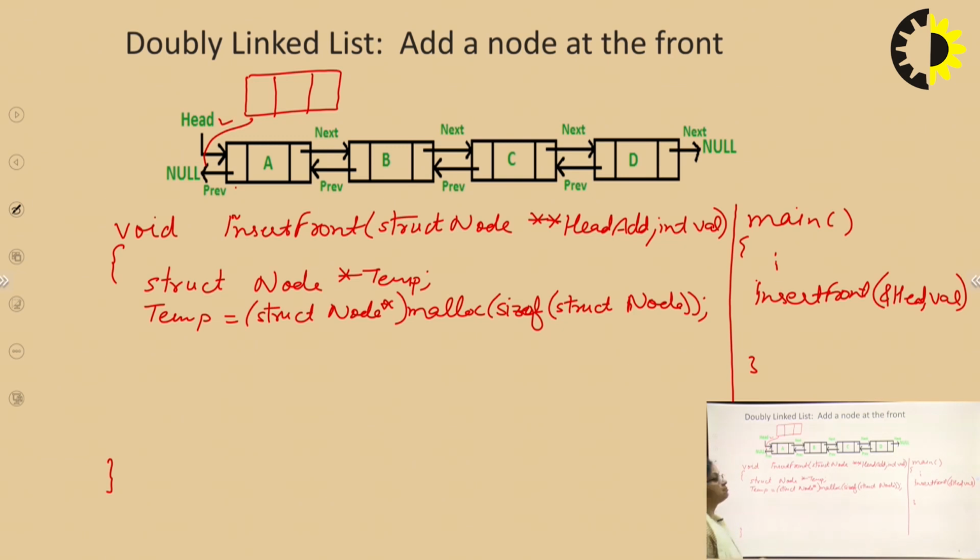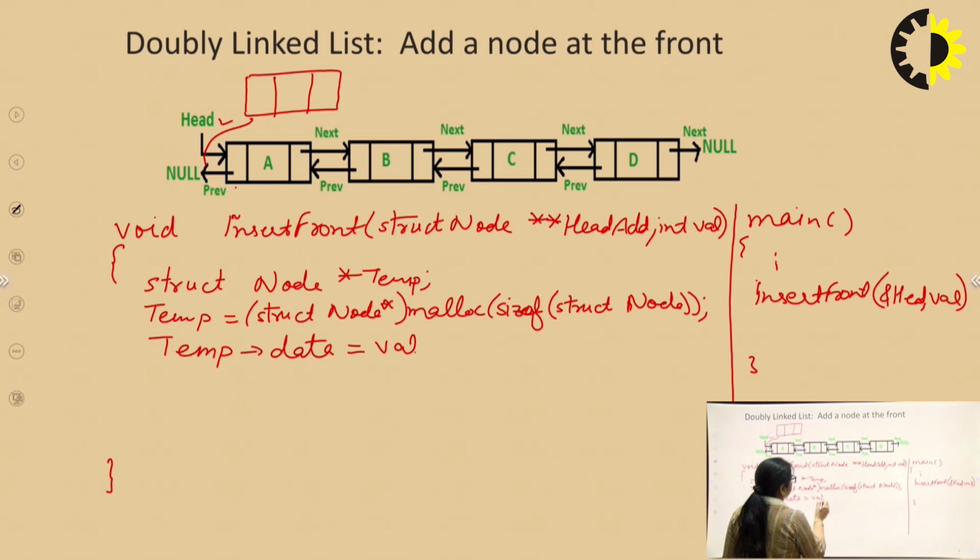So the node has been created. That is the first work done. Now I need to store the data: temp data. Temp is my newly allocated memory address, and I will take the data part of the node created at that address and store the value here.